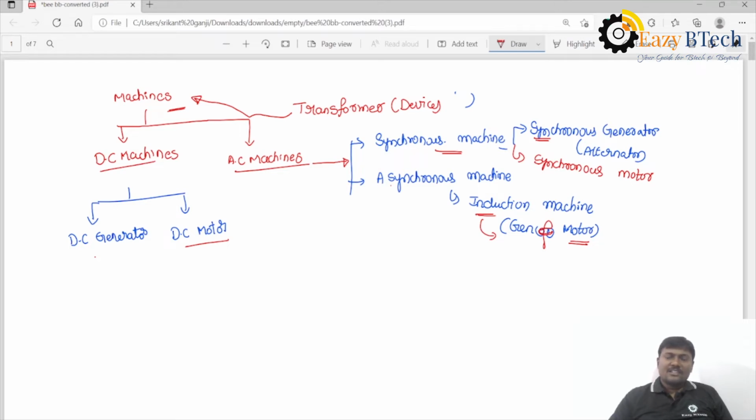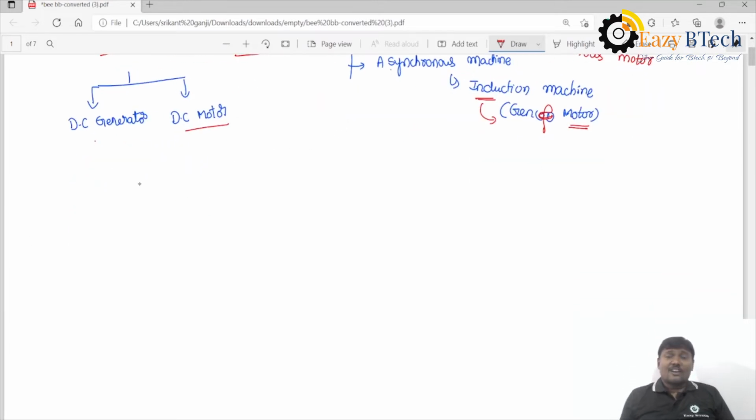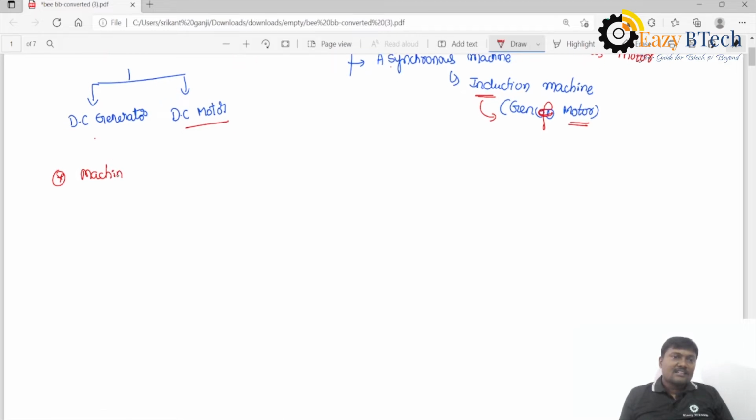What is meant by machine? From the starting onwards, we are discussing machines. So what is meant by an electrical machine?